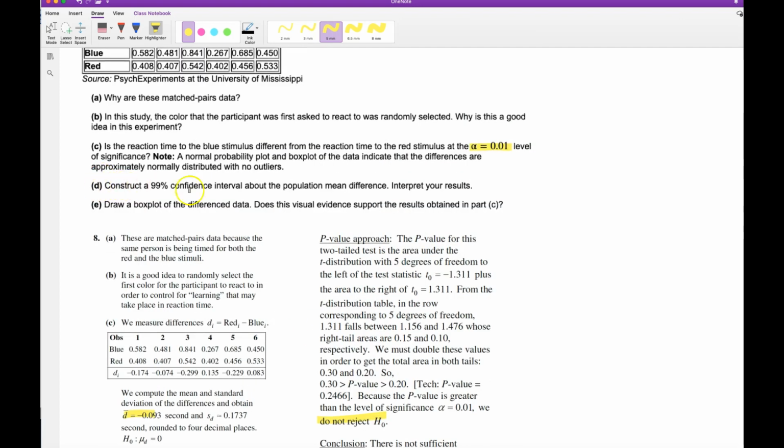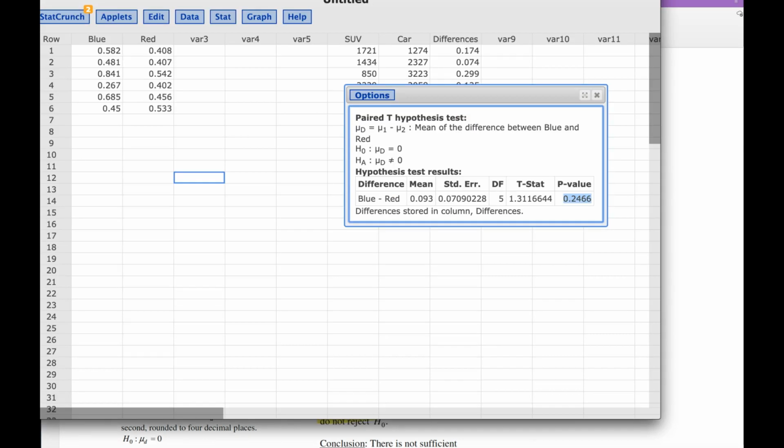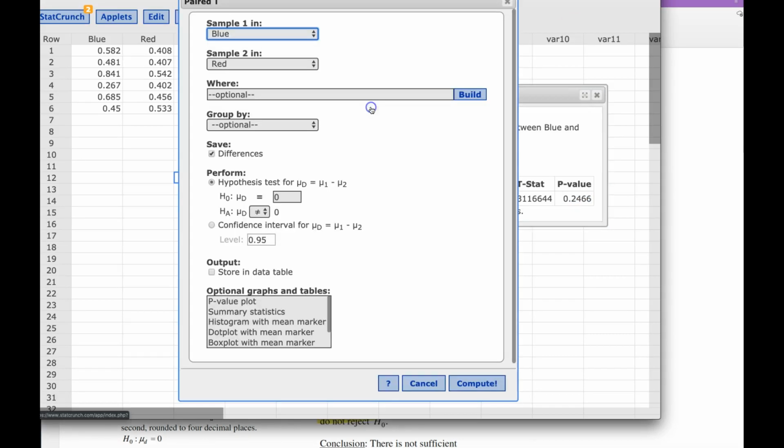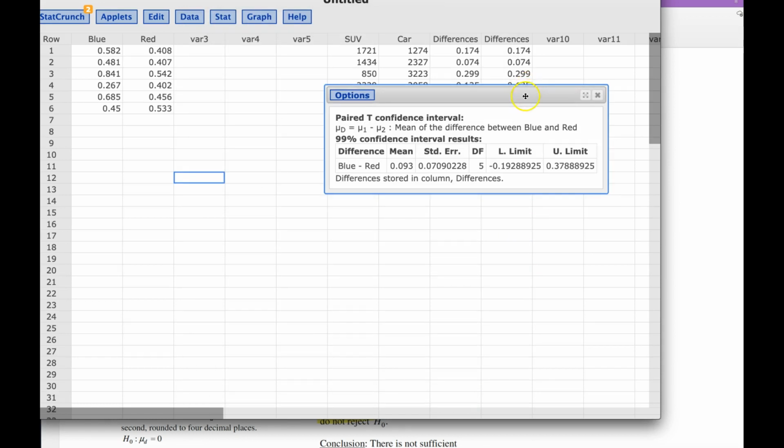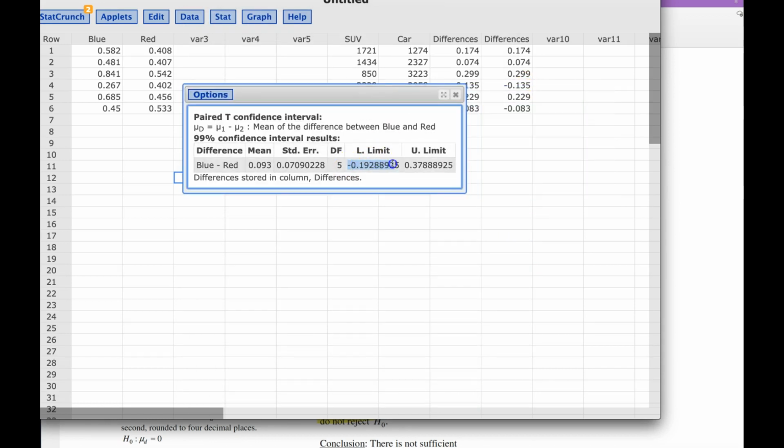You're also asked to do a 99% confidence interval and interpret that. So we go back to StatCrunch and edit, and we put confidence interval 0.99, looking again to see if there's a difference between them. Notice these numbers here.